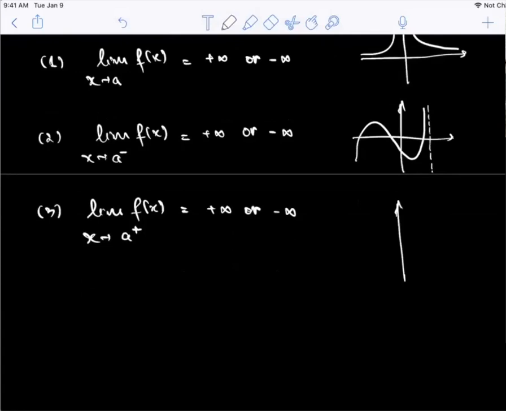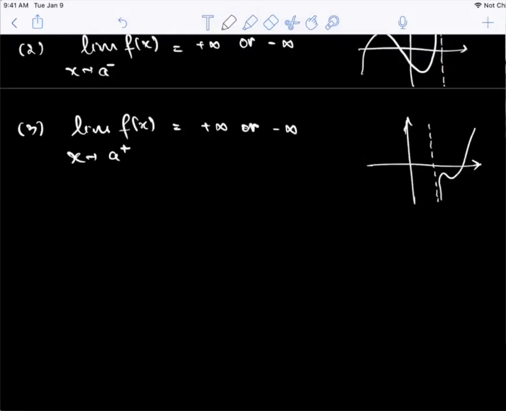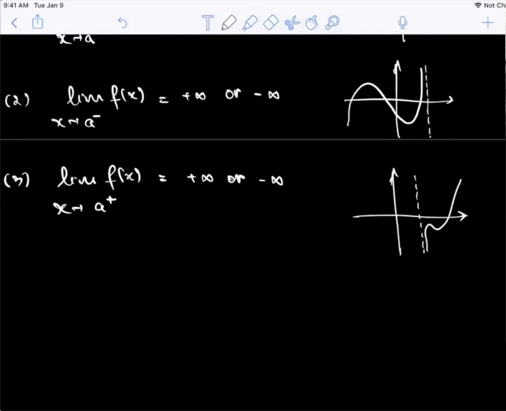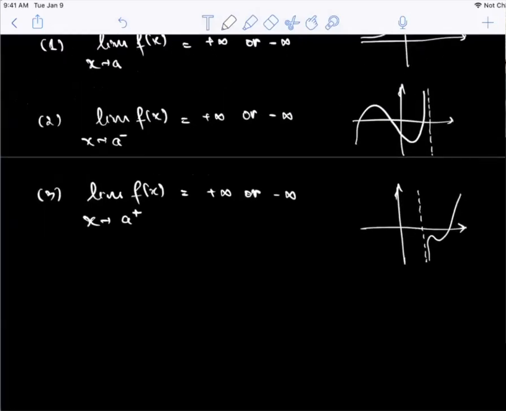Or the last case, you have some vertical asymptotes, something like that, right? So the function approaches negative infinity as x approaches a from the right.